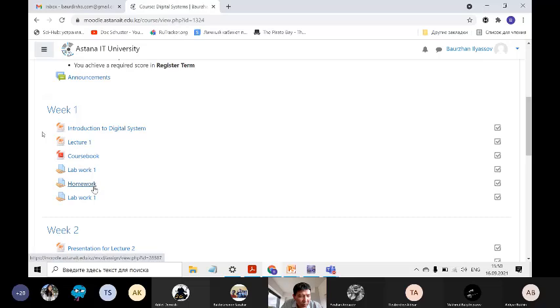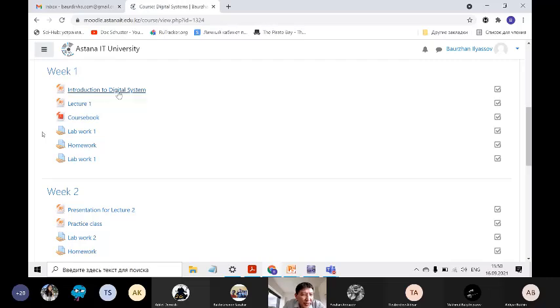So here you can see homework week 1. It is the first introduction to digital system, just the first slide. Then we also have lecture 1, the second slide. It's a copy of the course book, so download it. The lab work is the assignment for the lab work in a PDF file.